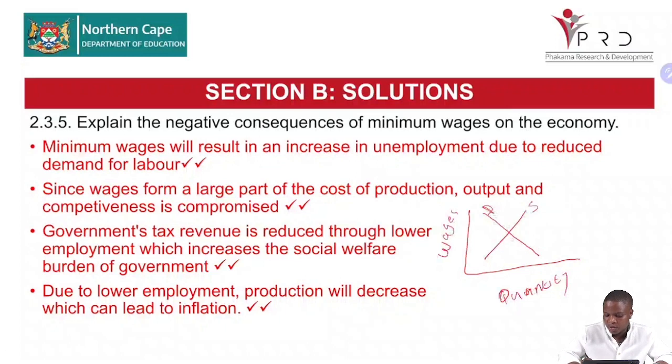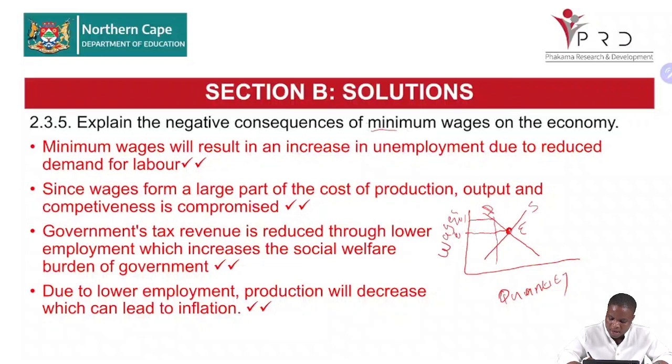So you have your D and your S, and then there is an equilibrium point here. This we call the free market wage. Then the government comes in and sets a minimum wage. If the free market wage was 2,000, the government comes in and sets 3.5 as the minimum wage. So this is wage one. It's a minimum wage now. It's an acceptable wage, right?